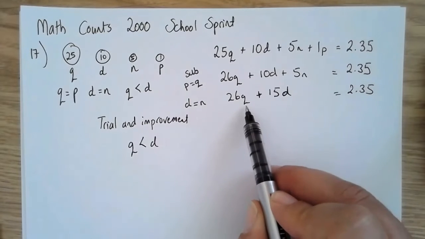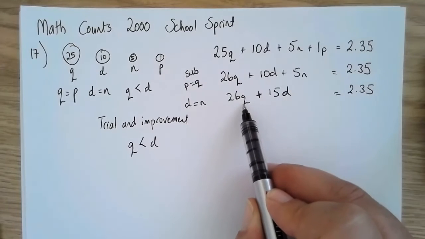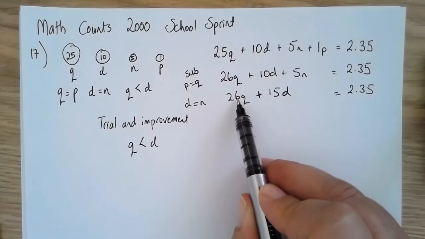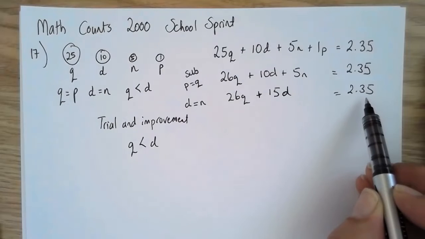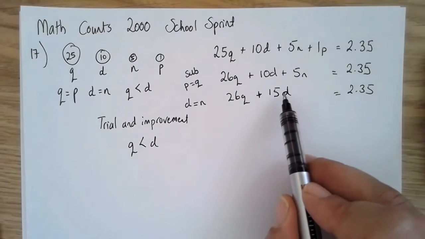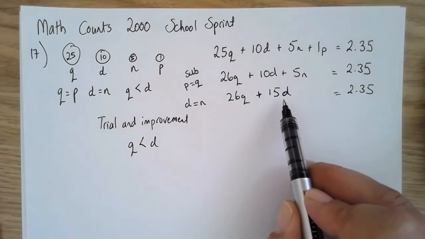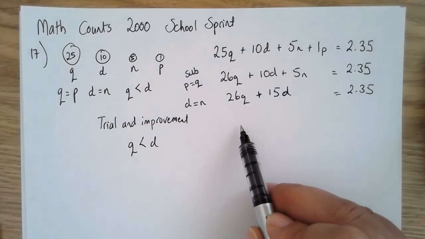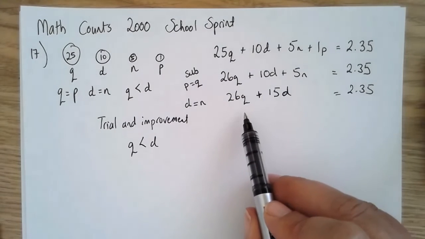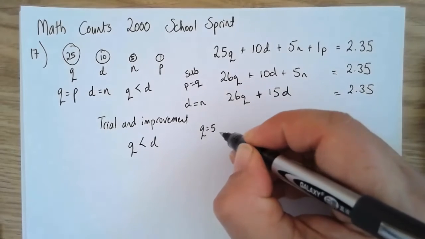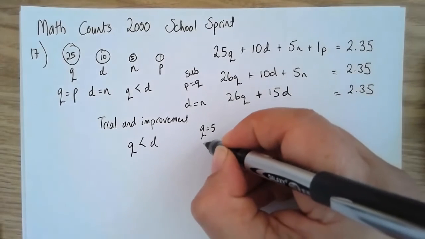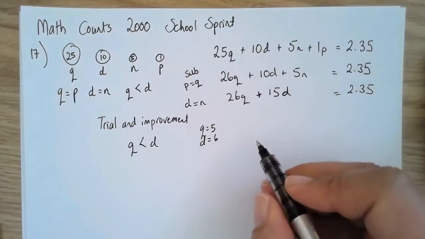You could start at something like 10. If you said there were 10 quarters, that would give you 26 multiplied by 10, which is way too much. That would give us $2.60. We also have to account for the dimes as well. So I'm going to start with a guess of Q equals 5 and D equals 6.